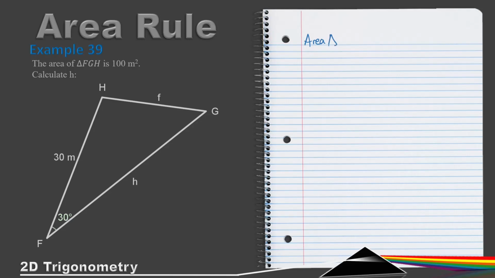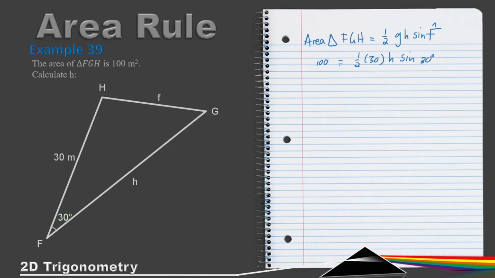Area of triangle FGH is equal to half, and the two sides of interest are g and h, and then sine of the angle F. Now we can substitute. The area is 100, then half, g's value is 30, h is what we want to find, and sine of 30.